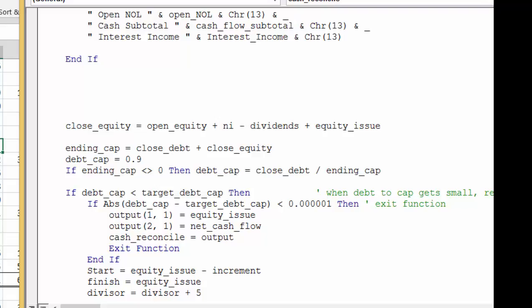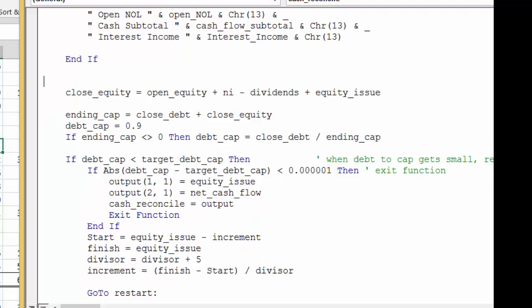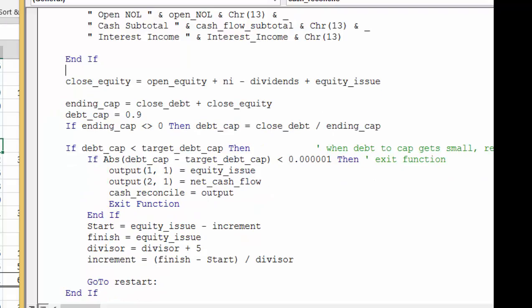Okay. Where is the closing equity? Okay, excuse me for pausing just for a minute, but that's essentially the calculations we need.